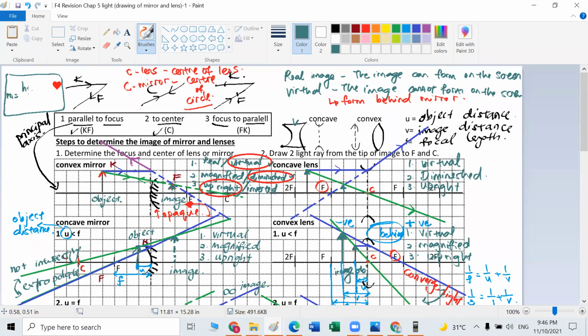M equals HI over HO equals V divided by U. V is image distance, U is object distance. Formula not given. Because they treat this as common knowledge that you should know from your maths.